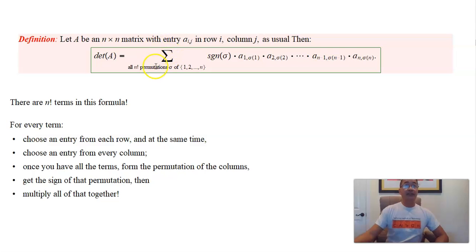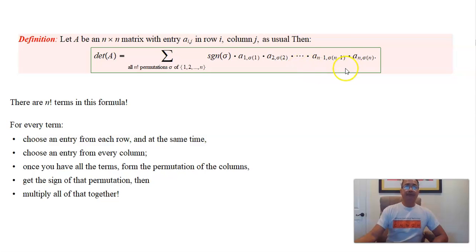It is expressed as a summation, although it's a different format of what you usually see in a summation formula. Usually it's summation i equals 1 to n or something like that. Here, under the summation sign, we have all n factorial permutations sigma of 1 through n.